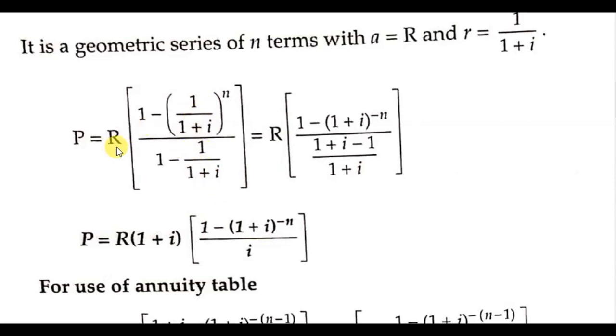This is a reciprocal term, so we can write it as 1 plus I whole power minus n.